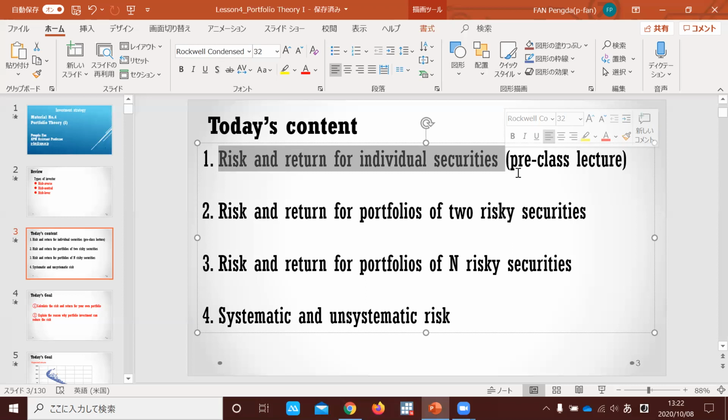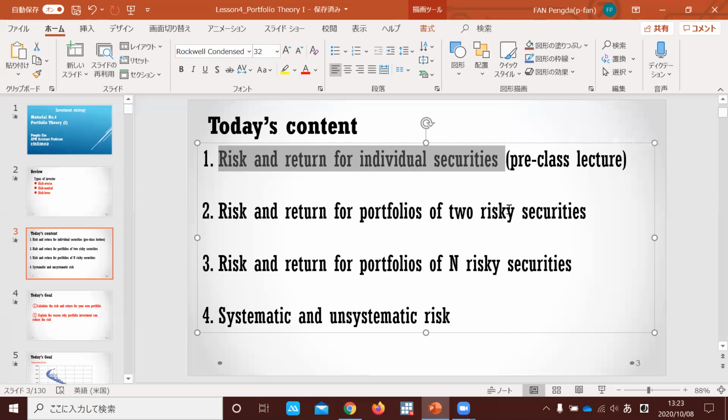However, for an investor who invests in a very diversified portfolio, in other words, in thousands of assets, what is the appropriate risk measure for that kind of investor?